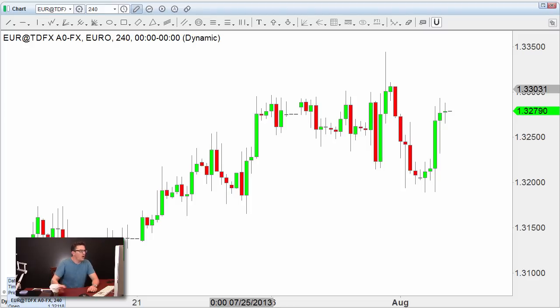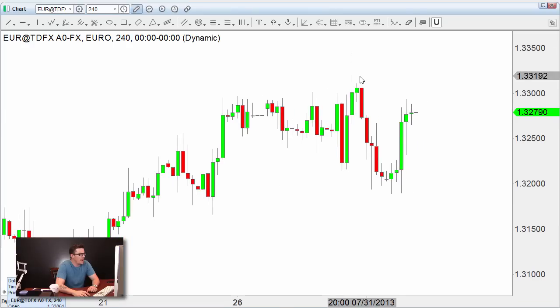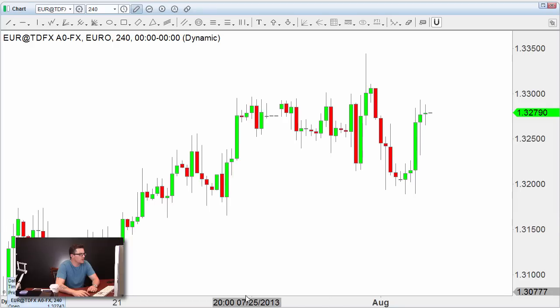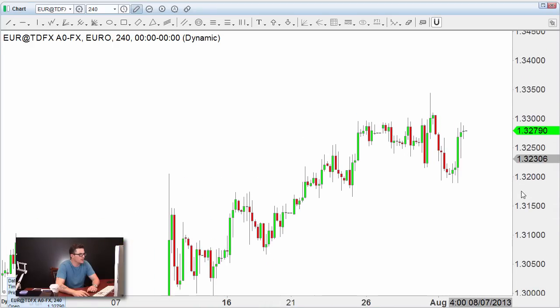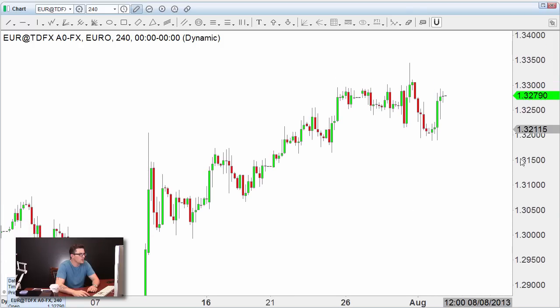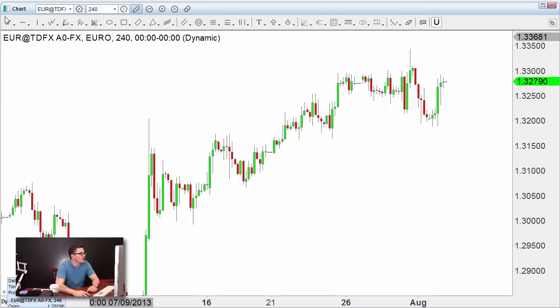Now, what we want to pay attention to here is what happened most recently. If we look at the rally that existed here, the market kind of stair-stepped its way up, and then put in a last little leg here where the market tried to get higher and then couldn't.